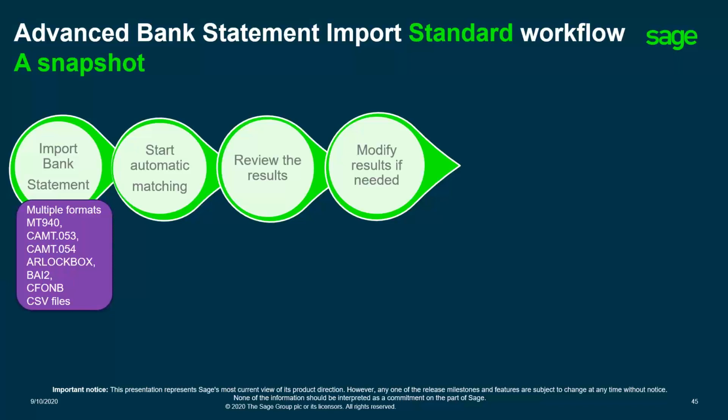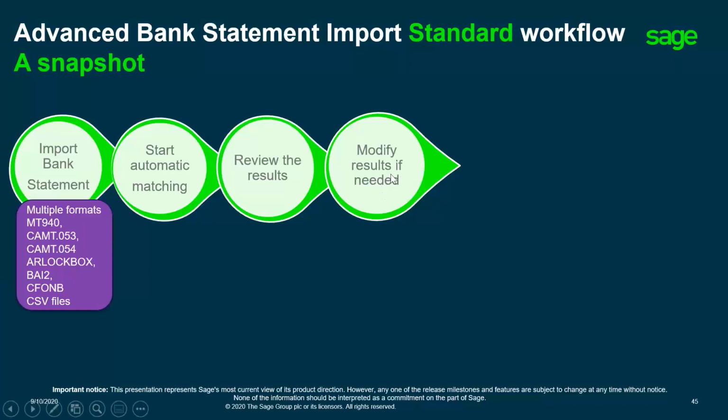During your review, you may need to match some transactions that the system cannot find. Let's say you have a bank fee for a currency conversion, and the system cannot find anything in X3 because you have a foreign currency transaction with a customer or with a supplier.